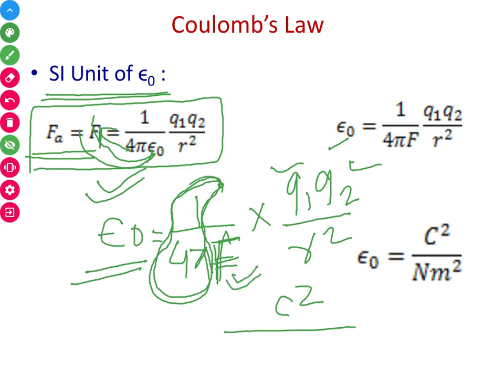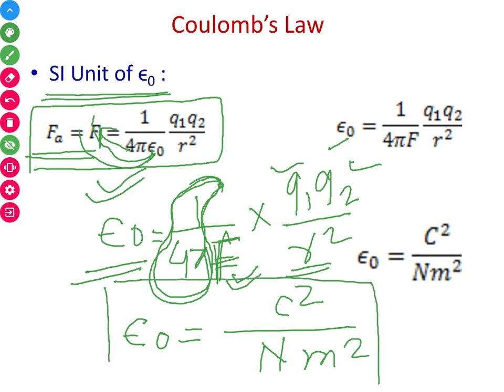The SI unit of force is Newton, and r is the distance between the two charges, whose unit is meter, so r square becomes meter square. So the unit of epsilon naught in air is coulomb square per Newton per meter square.